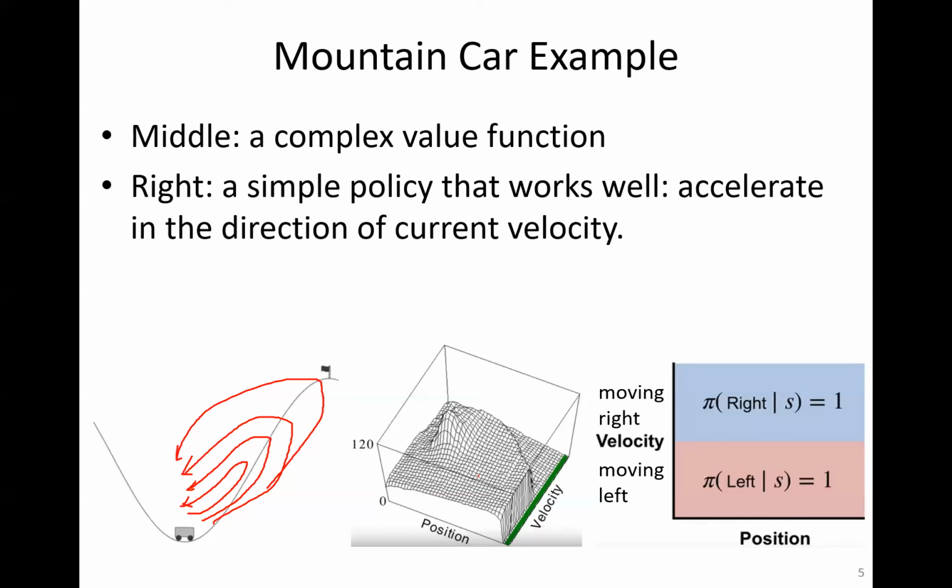And for the action, you have two choices: accelerate left or accelerate right. This is a simple policy on the right that works very well: just accelerate in the direction of current velocity.